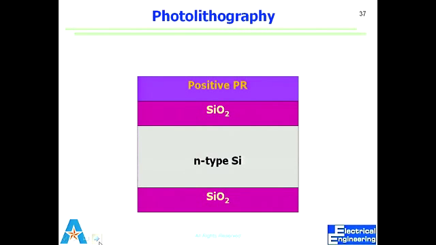Now, if both are rotating at 4,000, and I spin one for 30 seconds, the other one for 50 seconds, which one is going to give me a thinner resist layer? 50 seconds. You all agree? If I use the exact same rotation and the same time, but a more viscous resist and a less viscous resist, which one is going to give me a thinner layer? Less viscous.